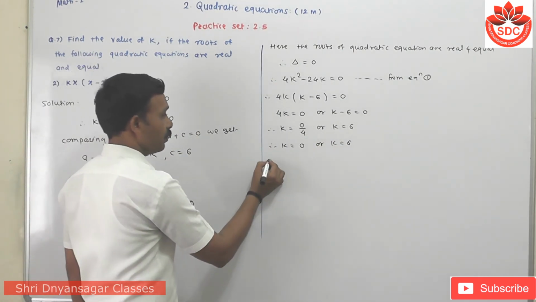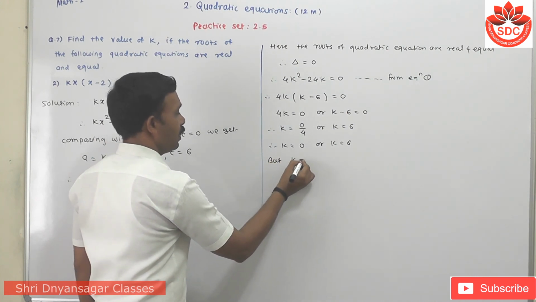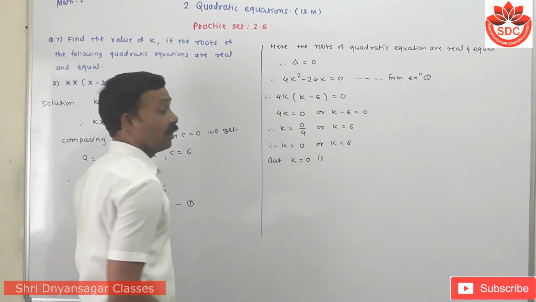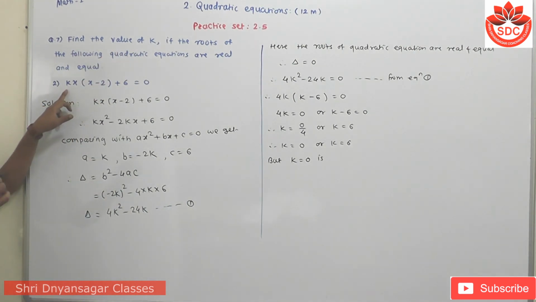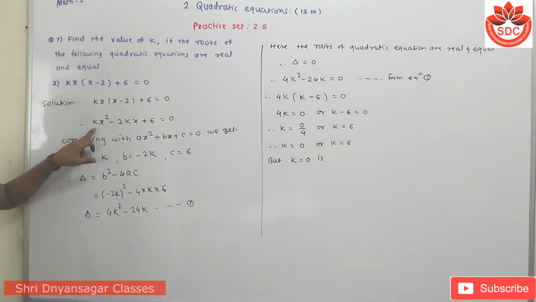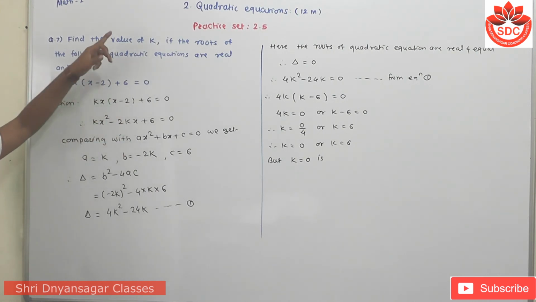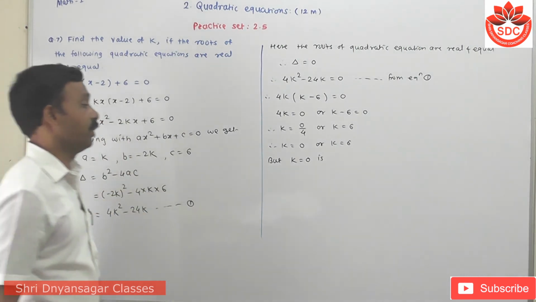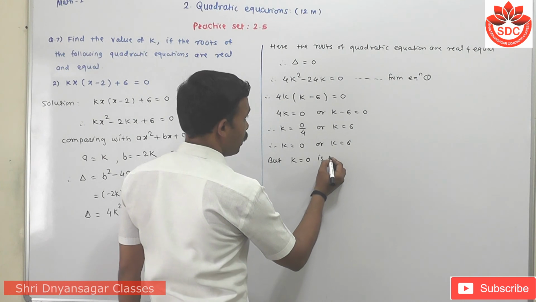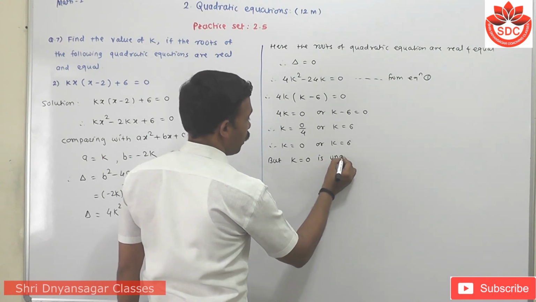But k is equal to 0 is unacceptable, because if we take k as 0 in this equation, then this term becomes 0. Then it is not a quadratic equation, but the given equation is a quadratic equation, so k is equal to 0 is unacceptable.